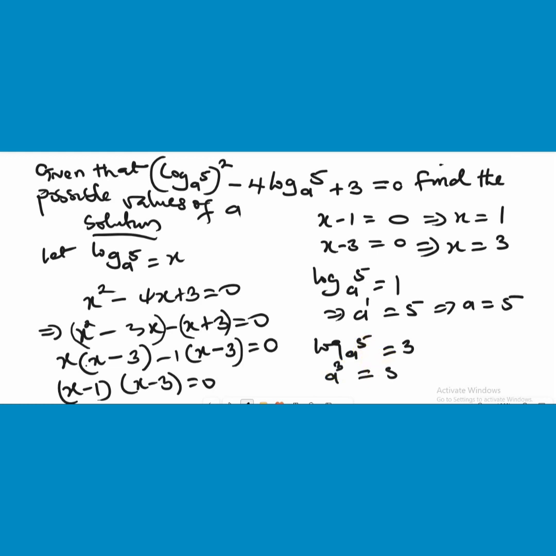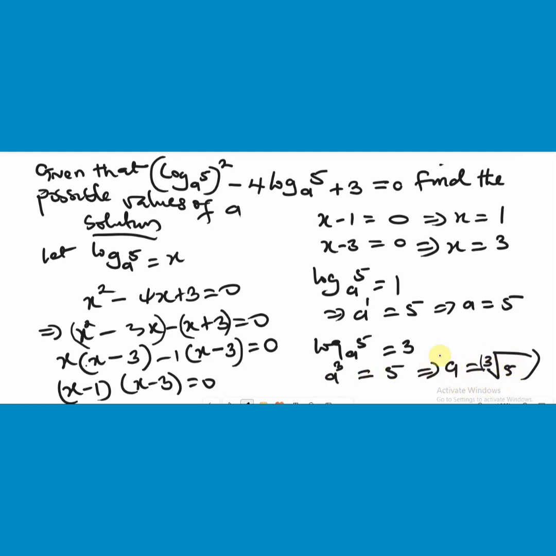Remember that this is a raised to the power of 3, so to get the value of a, making a the subject of the formula, I'm going to obtain the cube root of 5 on the right hand side. That would be the cube root of 5. If you press your calculator and get the cube root of 5, you can also leave the answer like this.